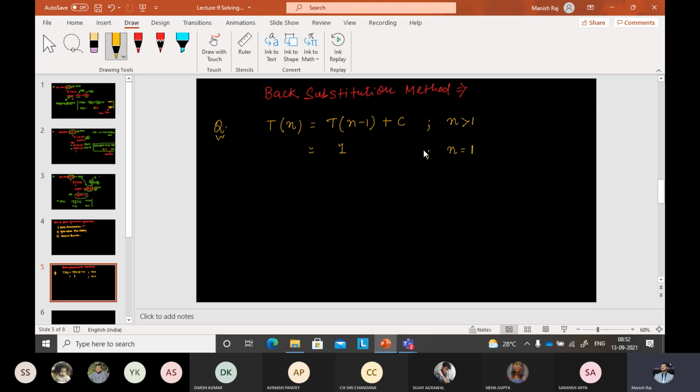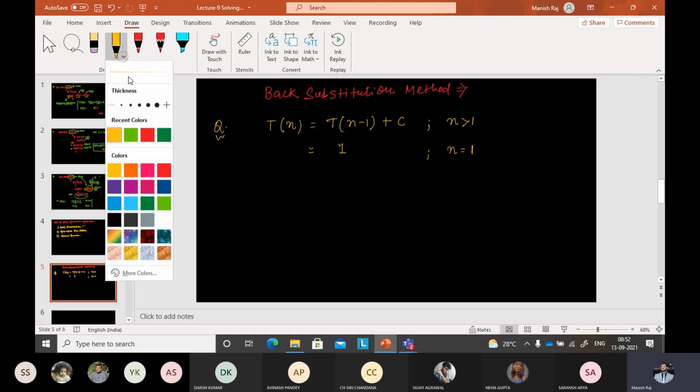Then someone says, find the complexity of this type of problem. How can we solve it? First, please understand what is going on in this relation.